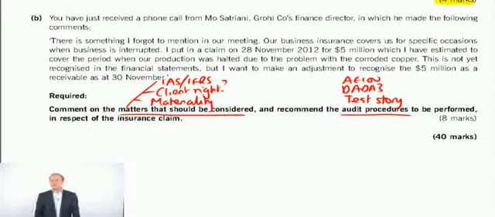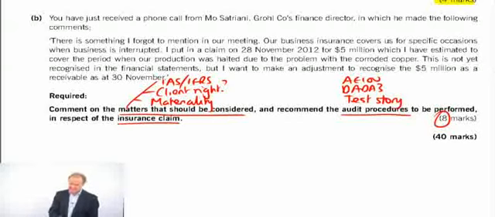And given the story is relatively small, and I know my technique for this very well, because this stuff comes up frequently, I might be tempted to just go read the story now and see how many of those 8 marks I can get. Now, I can see it says insurance claim.